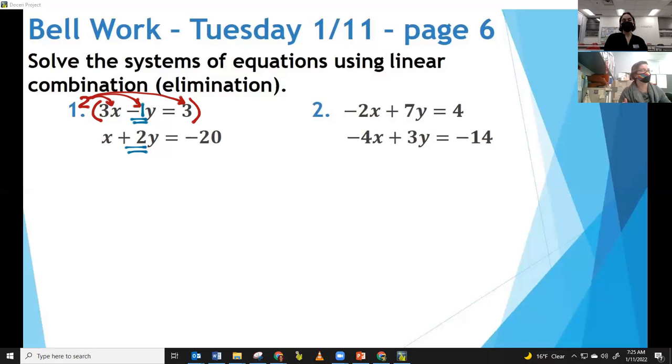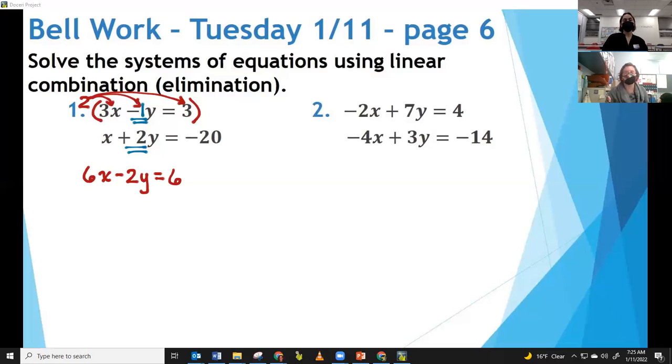Two times 3x, 2 times negative 1y, and 2 times 3. Awesome. Thank you, Alex. We're going to get 6x minus 2y equals 6.